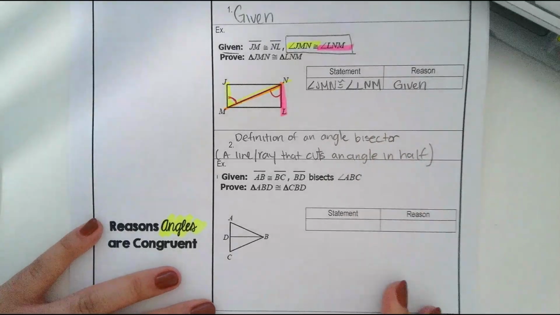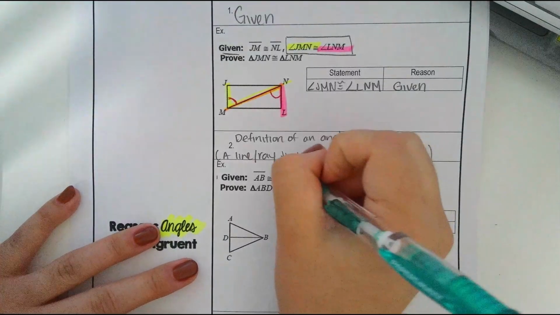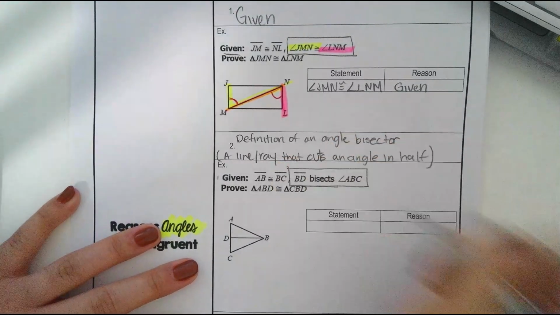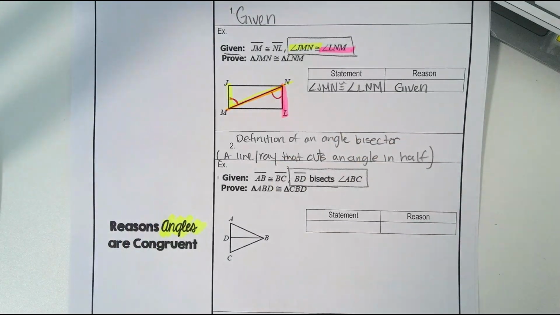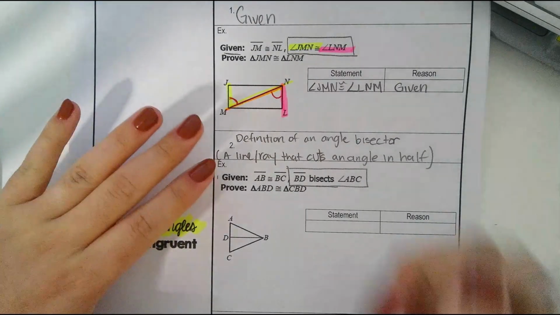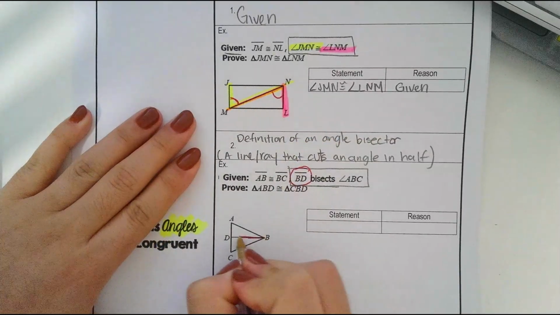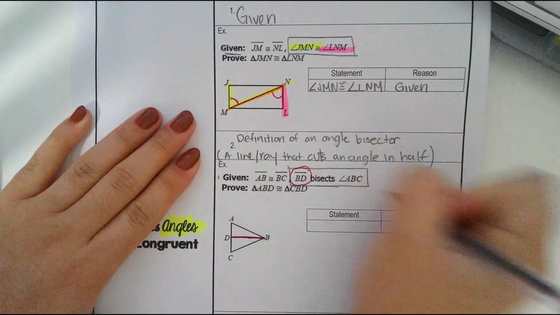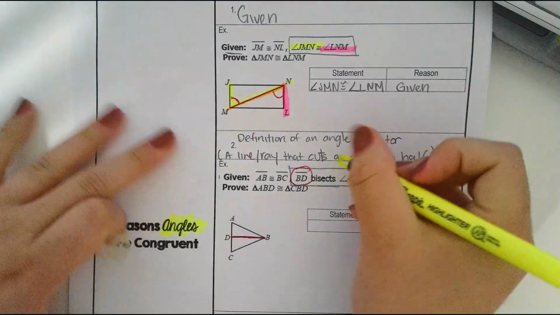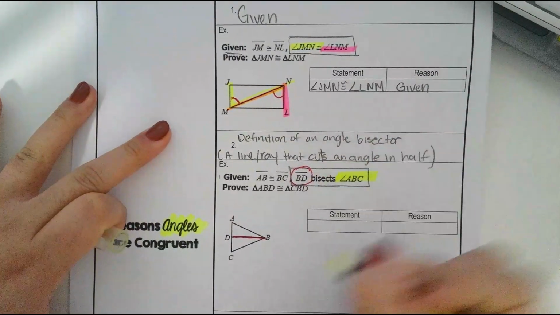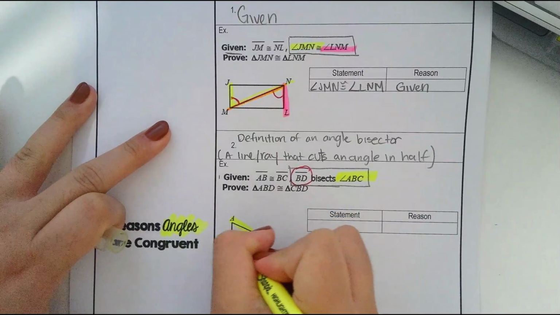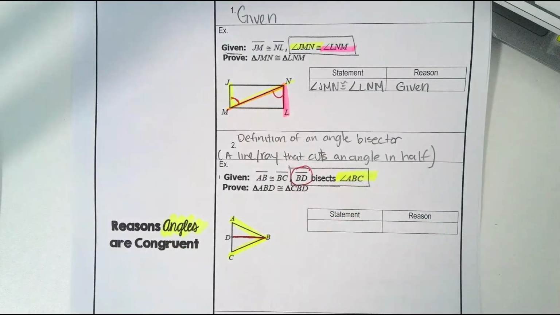So this little statement is telling us, oh, something's being cut in half. And here it's telling you that, oh, side BD. So B to D. So this line right here is bisecting angle ABC in half.